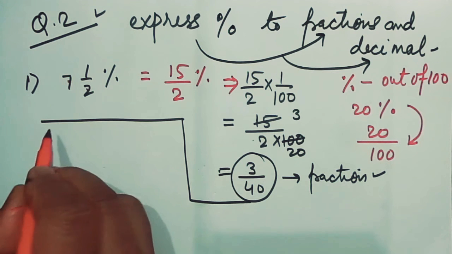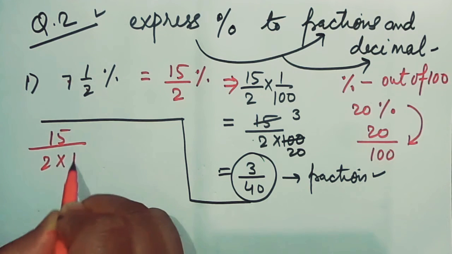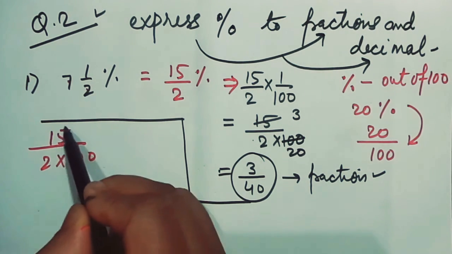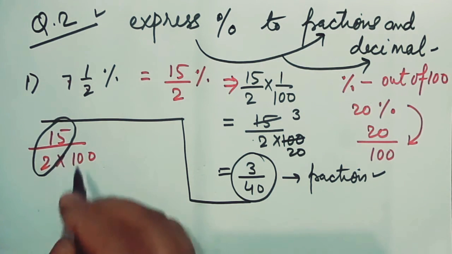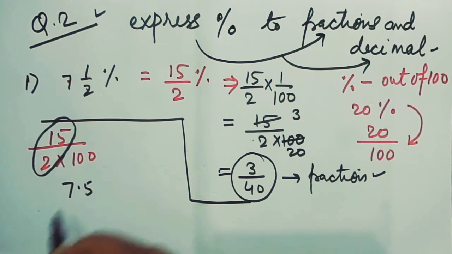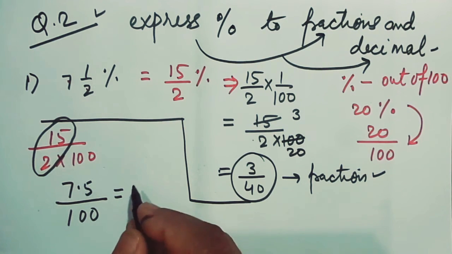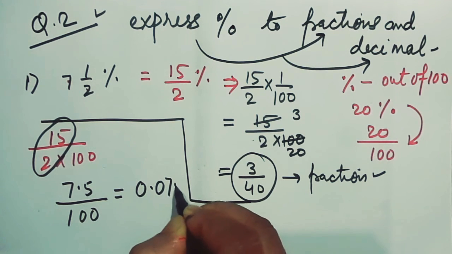Now when we have 15 by 2, can you please solve this 15 by 2? So this 15 by 2 will be how much? 7.5. Now 7.5 divided by 100 will be equal to 0.075.